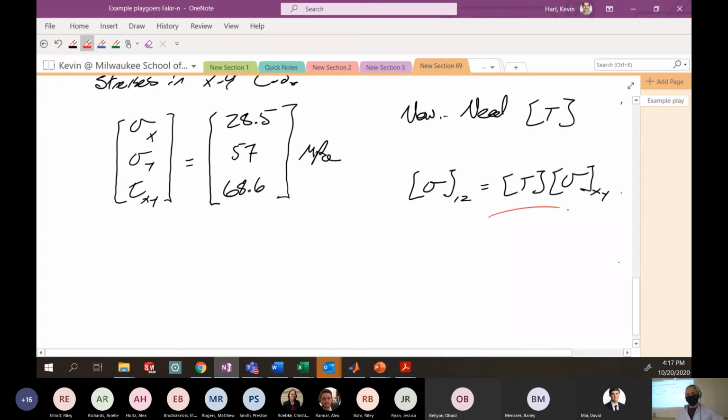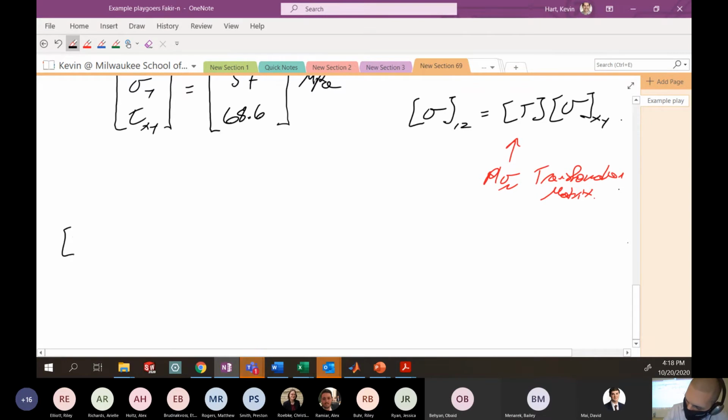Which transformation matrix do I want here? What size? This here is the plane stress transformation matrix, and that's because I'm in plane stress conditions. I have 3x1 vectors that I'm trying to transfer between.